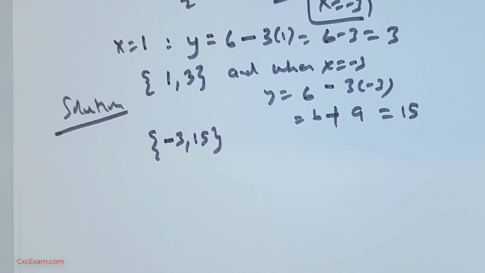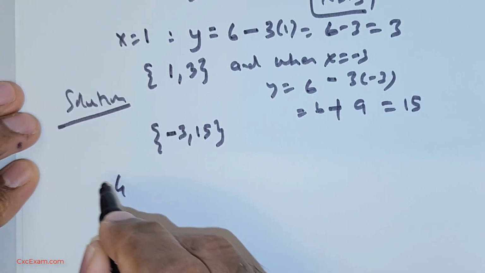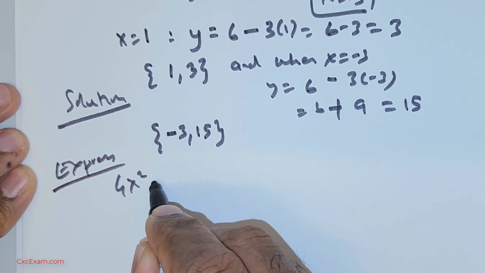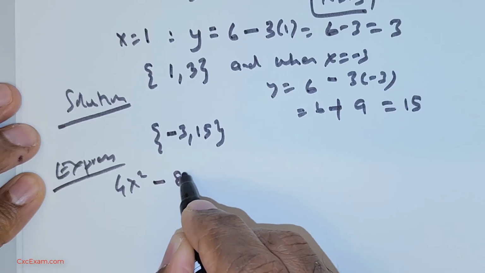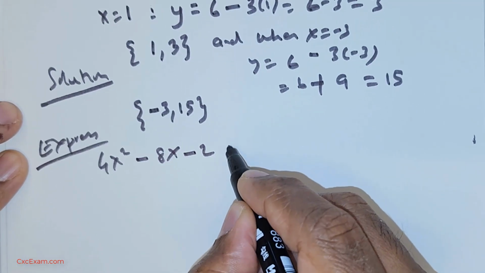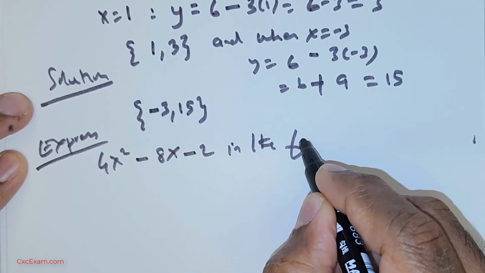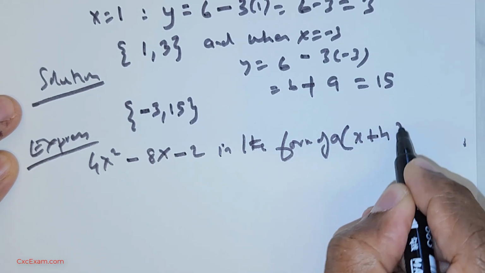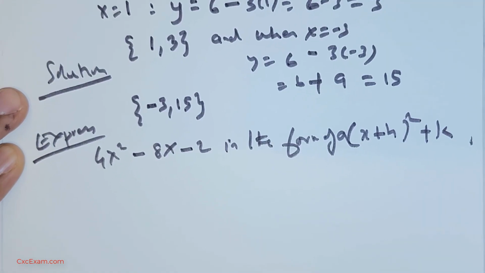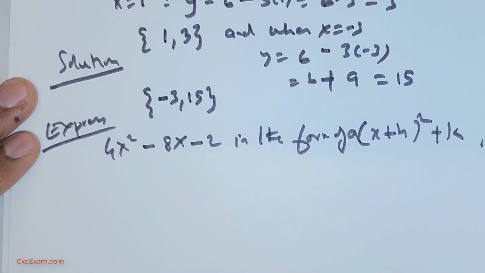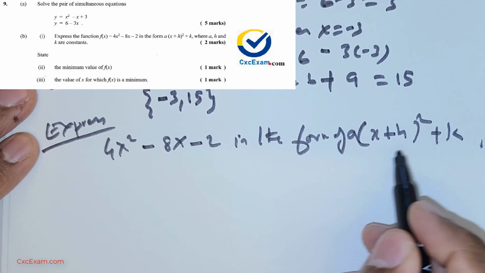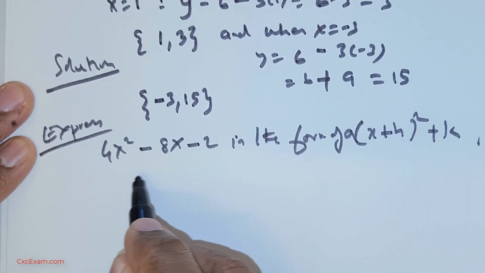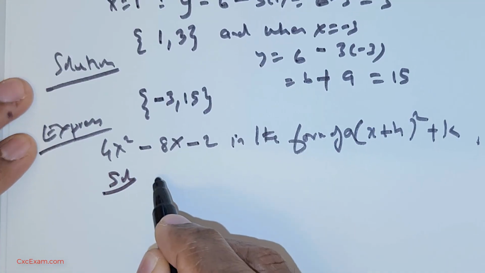Now this is the next question. You are asked to express 4x squared negative 8x negative 2 in the form of a times x positive h the whole squared positive k. Okay, so this is a solution.